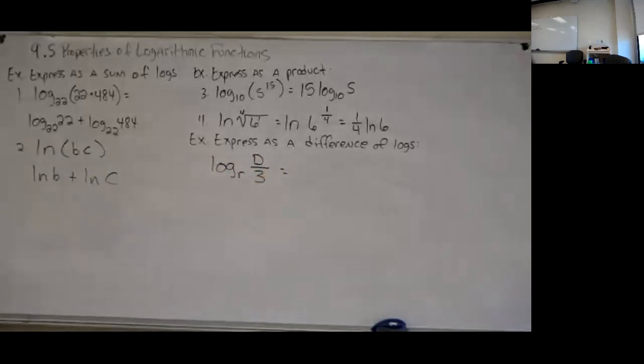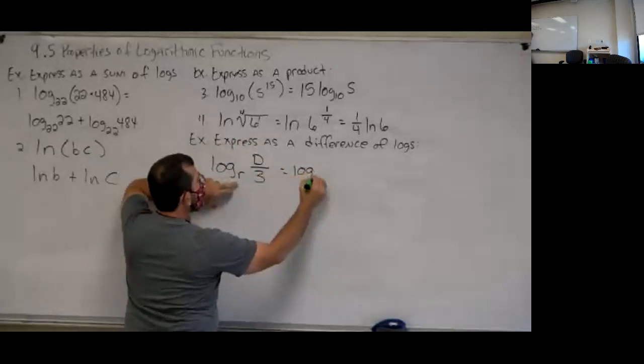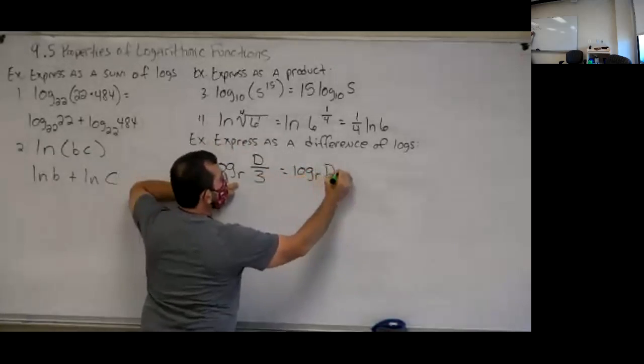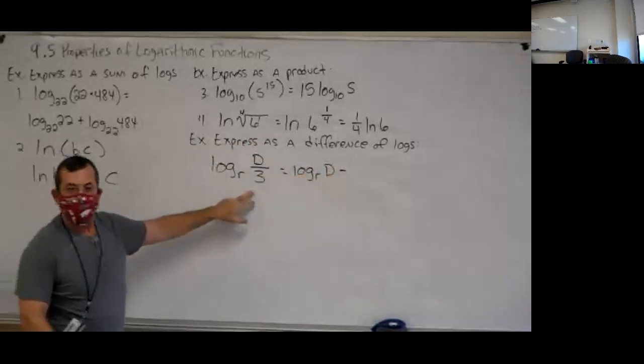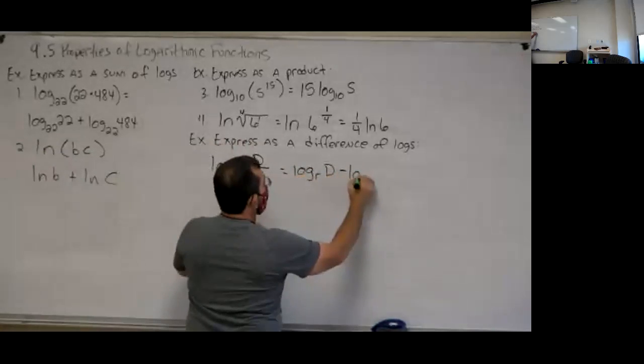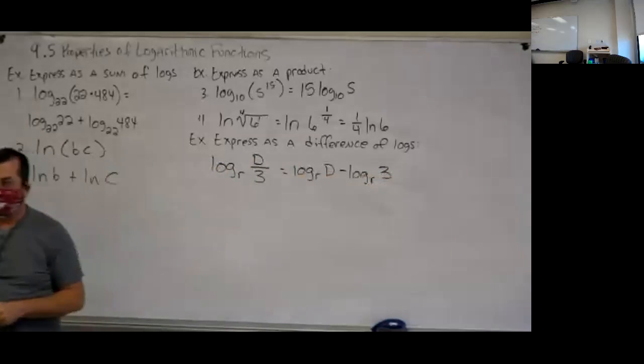So once again on this one, we've got to distribute the log R to the top and bottom, and then rewrite it as subtraction because that's what they're telling us, okay? So it's always the log of the top, so log base R of D minus the log of that bottom, which will be a log base R of 3.